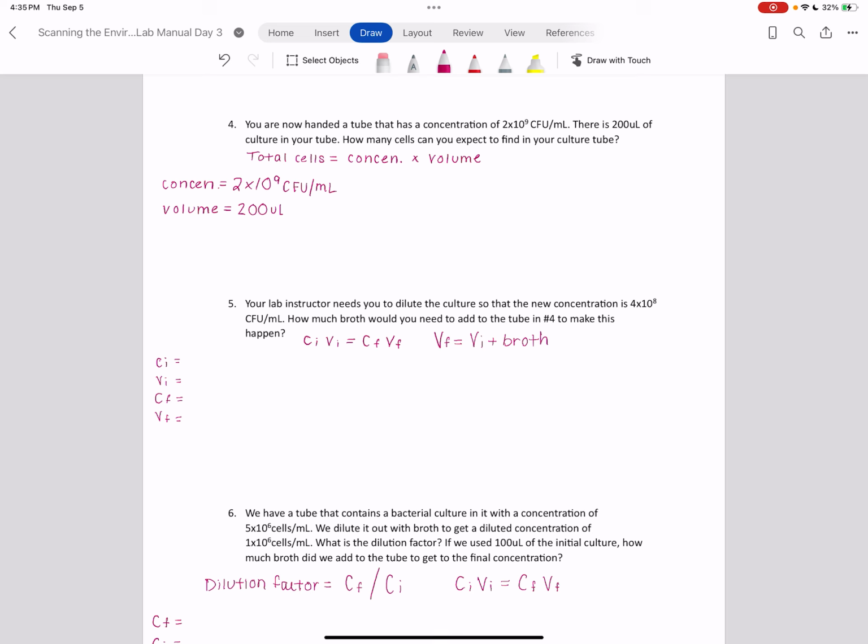Now, we've emphasized in class that microliters and milliliters don't play nicely together. So we want to convert this 200 microliters into milliliters. That conversion is for every 1 milliliter, there are 1,000 microliters.